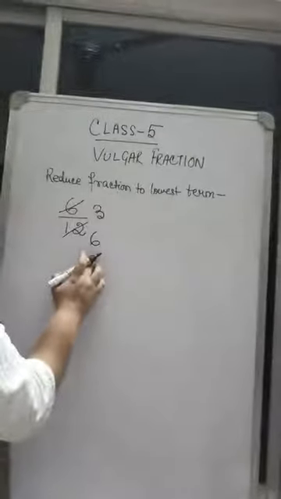Now this 3 and 6 can also be divided. Always remember, when you are reducing to the lowest term, you need to divide by the same number. That means if I want to divide 3 and divide 6, I have to divide them with the same number.